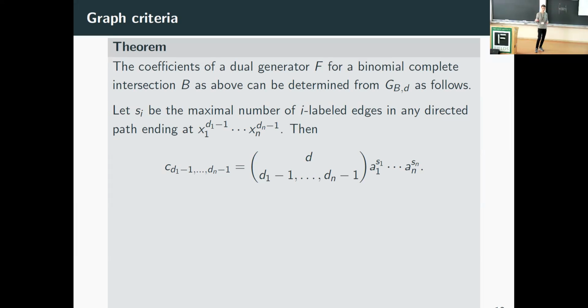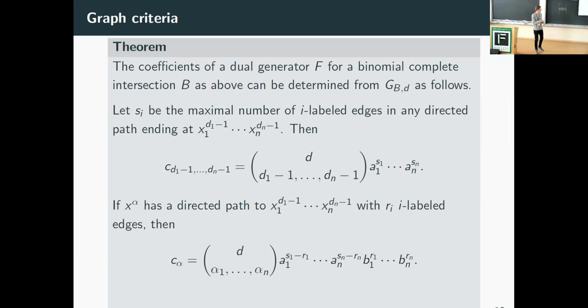And then what other kinds of monomials do we have? Well, we have those which have a directed path leading to this special vertex. And to determine what coefficient this guy has, we say that if the path going from this one monomial to our special vertex uses some number ri of I-labeled edges, then we need to change ri of the a's to b's.